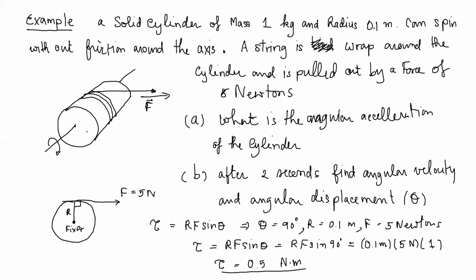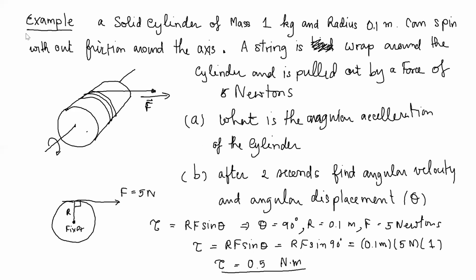Because we know the torque and the moment of inertia, we can find the angular acceleration of the cylinder. Afterward, assuming it is constant, you can find the angular velocity and angular displacement after the pull.